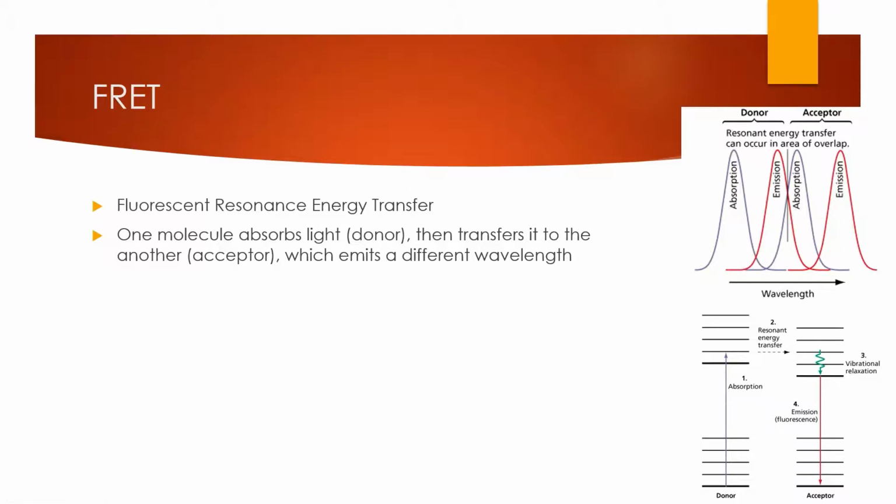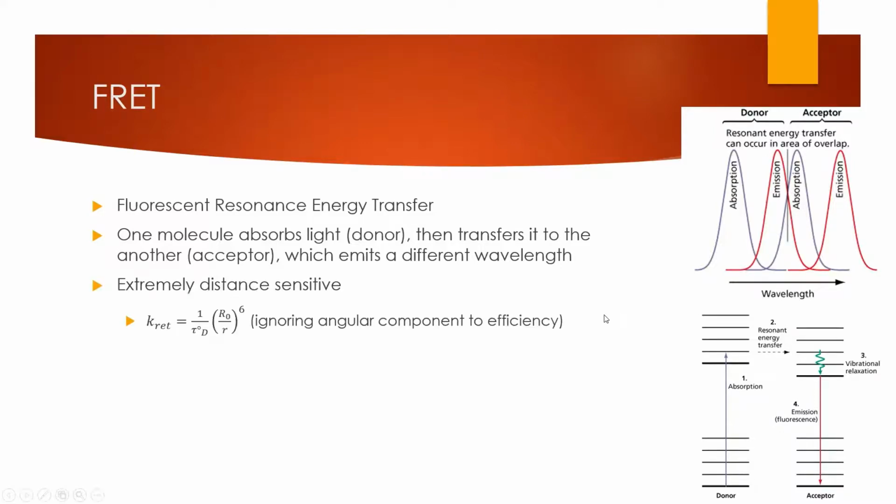Now, you may imagine that this process is extremely distance sensitive. If our chromophores are too far away, they're not going to be able to transfer energy to each other. They have to be close. So not only is this a way that the molecules can remove energy, but it also gives us ways to actually measure the distance between molecules.